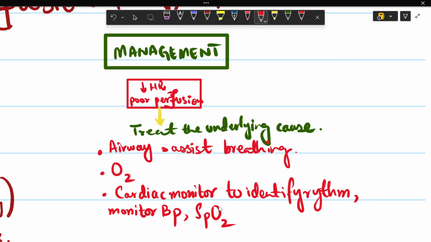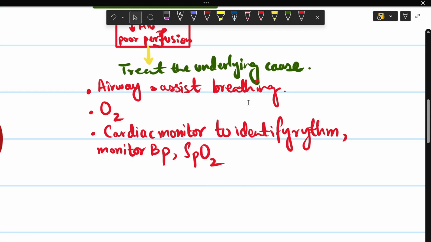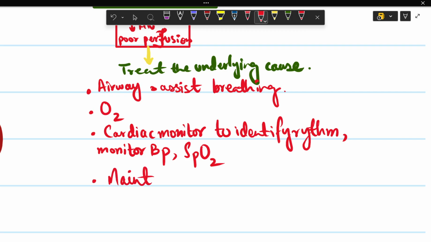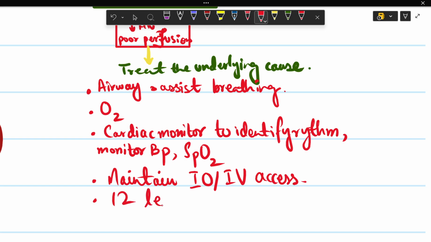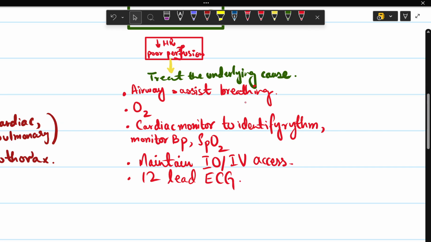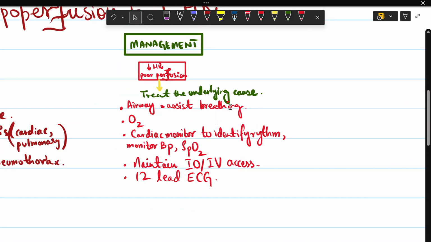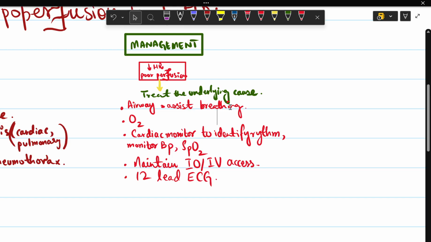Then next is to maintain IV access. Usually a single IV is done, but in severe cases a double IV line may be maintained as well. So maintain either intraosseous or intravenous access, and a 12 lead ECG must be connected. Now this is going to give you an idea about the bradycardia and the pattern.